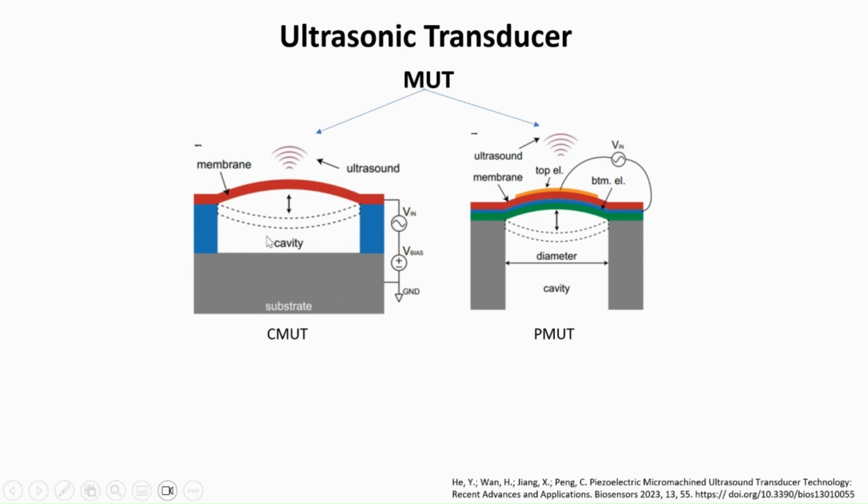With the DC you have produced an attraction, and now on top of that you are applying an AC signal, and that will cause the membrane to move up and down because of the electrostatic attraction. You understood, right? That is what is happening.